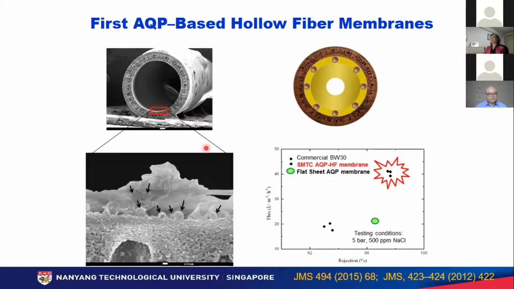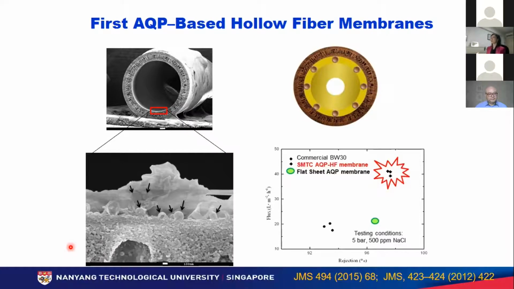We developed the first aquaporin-based hollow fiber membranes in 2015. And the performance increased by 100%, double the water permeability, while remaining a very good salt rejection. When we published this work, we got a lot of inquiries.